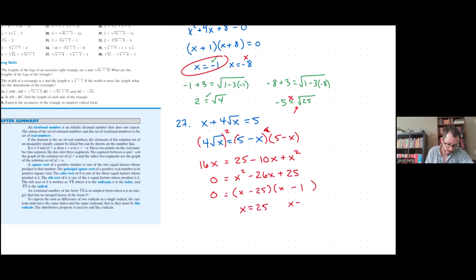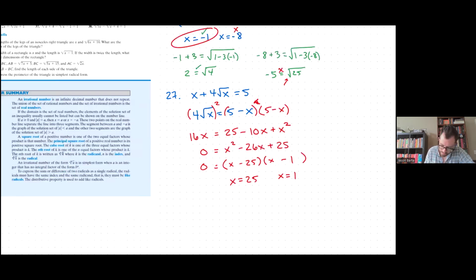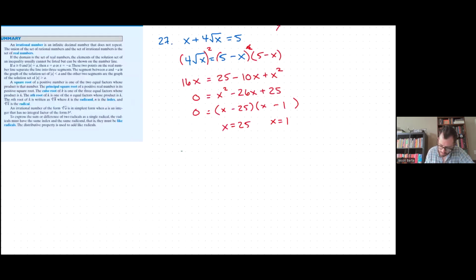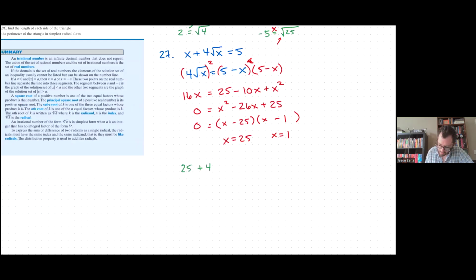We've got to go ahead and check that. Let's check 25 first. Going back to the original equation, we have 25 plus 4 times the square root of 25 equals 5. Plugging that in: 25 plus 4 times 5. This is definitely not going to equal 5.